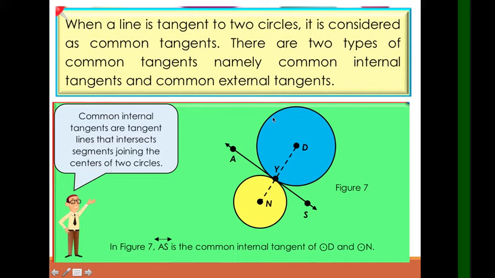Okay, so for this one we have circle D and circle N, which have a common point, point Y, and there is a line that intersects between these two circles, and that is line AS. So in figure 7, line AS is the common internal tangent. This is an example of a common internal tangent of circle D and circle N.